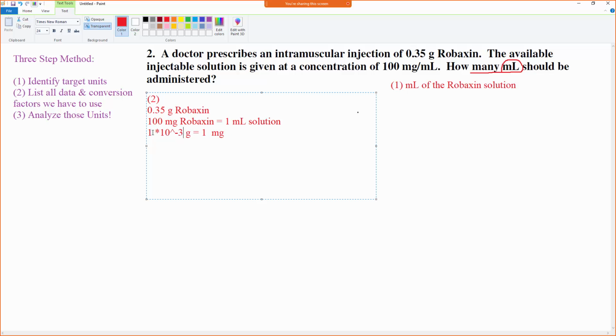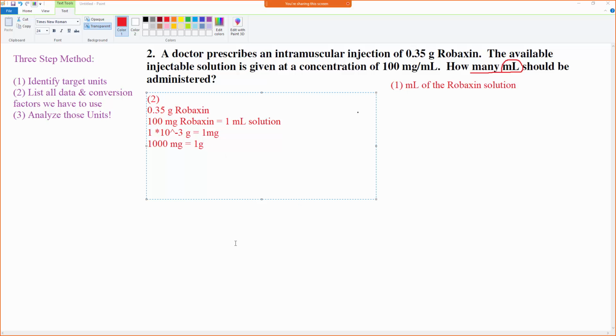So you can use this. If you prefer, you can use the conversion factor that there are 1,000 milligrams in 1 gram. That's the exact same conversion. That means the same thing, right? The top one says that a milligram is 1,000th of a gram, whereas the bottom one says there's 1,000 milligrams in a gram. Whichever one you prefer, you're good.